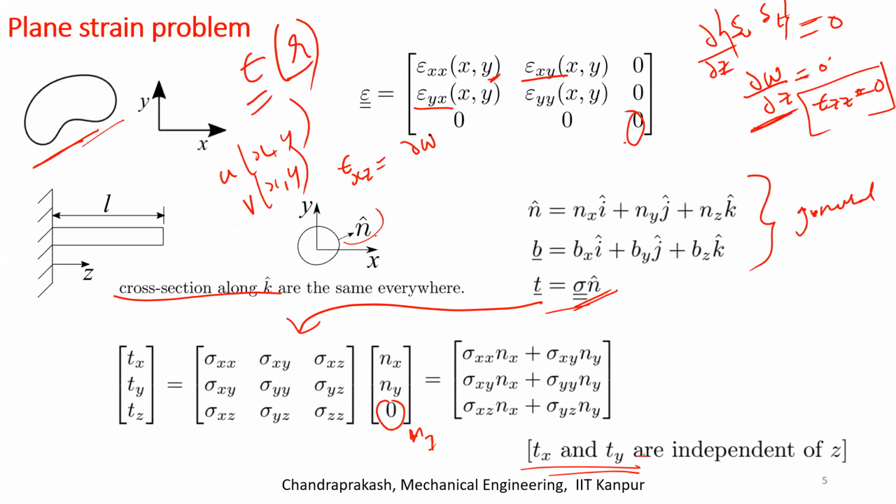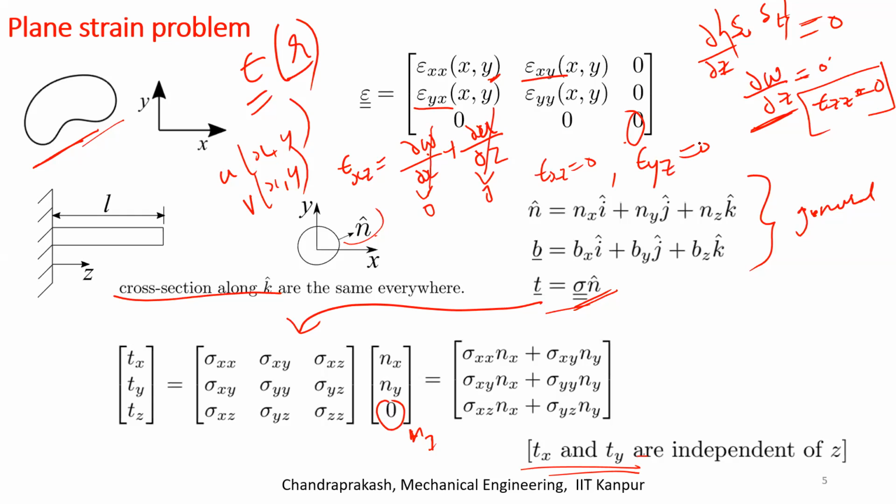Dou w by dou x plus dou u by dou z. W is anyway 0, so this term goes off. U is only a function of x and y, so this term is also 0, right? So epsilon xz is 0. That is how epsilon xz is 0, and similarly epsilon yz is also 0.